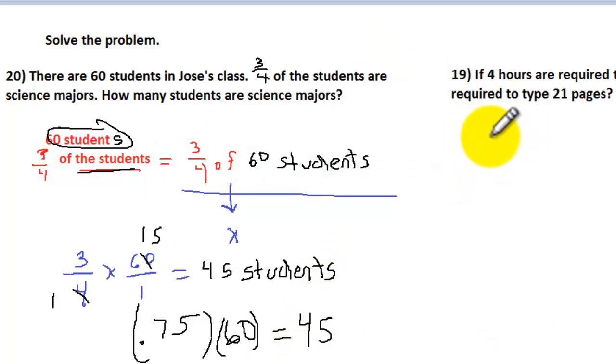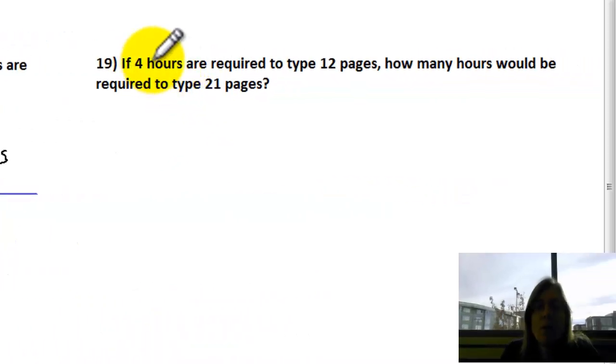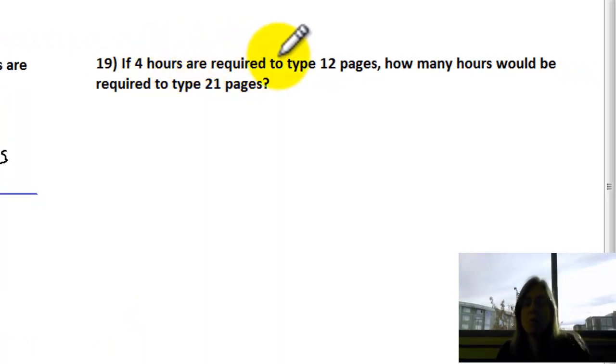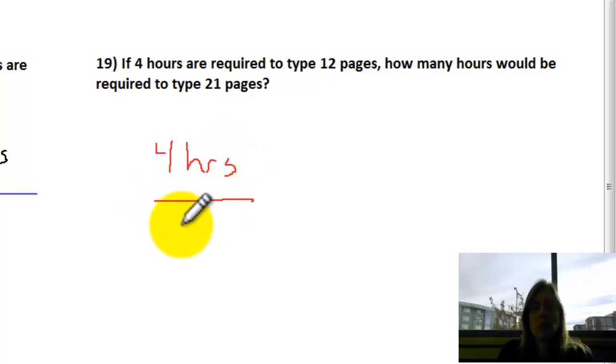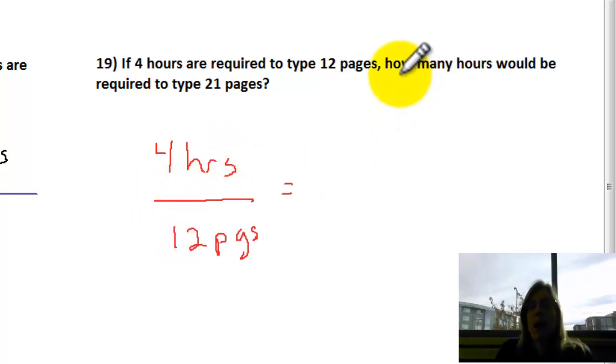On number 19, you have, if 4 hours are required to type 12 pages, how many hours would be required to type 21 pages? You can set this one as a straight up proportion of 4 hours to 12 pages is equal to how many hours.